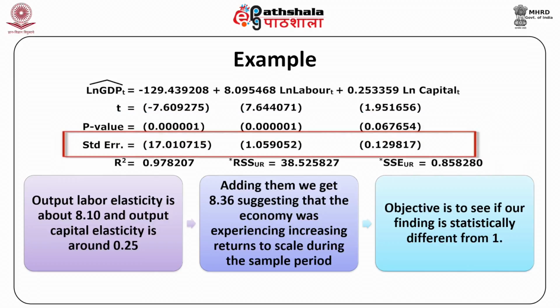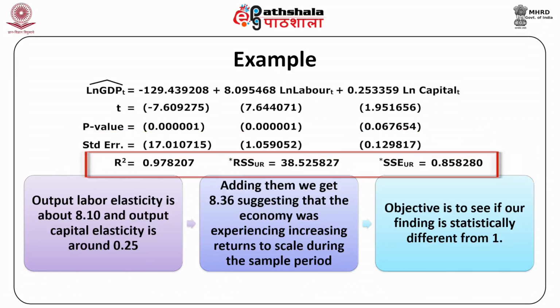The standard errors are 17.010715, 1.059052 and 0.129817. R squared is equal to 0.978207. Star: RSS_UR is equal to 38.525827.